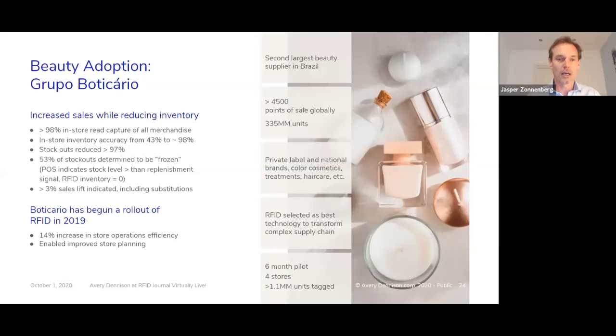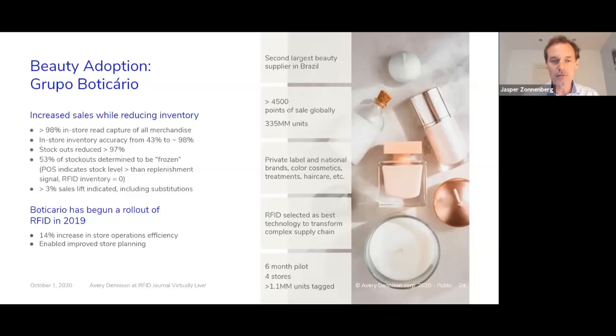Another, and actually this should be the last, I think, use case is in the beauty space. So this is about a company in South America. It's called Boticario. I've been in these stores in South America. There are many small products in these stores, from lipsticks, all kinds of small products.